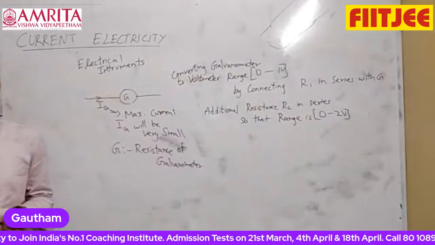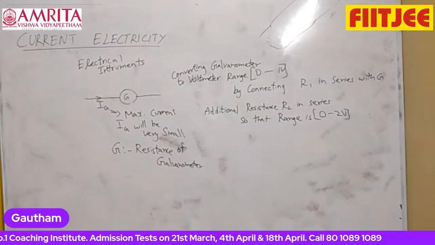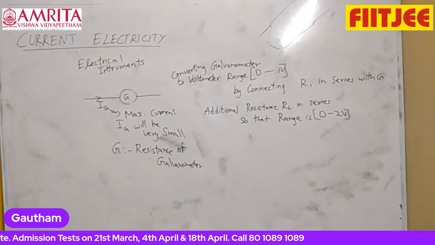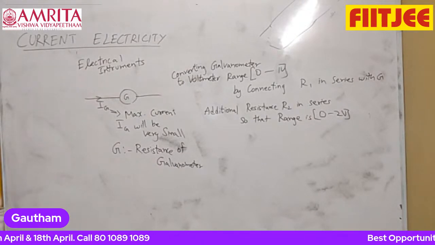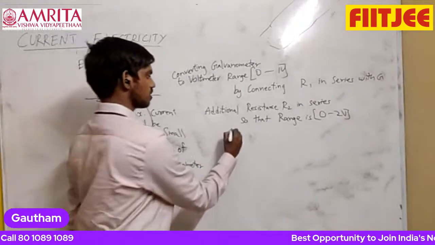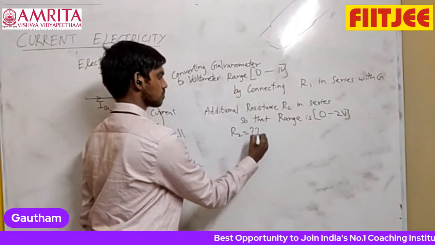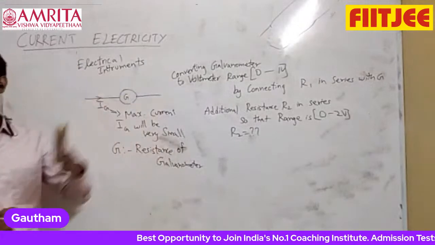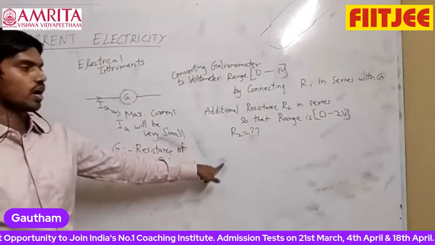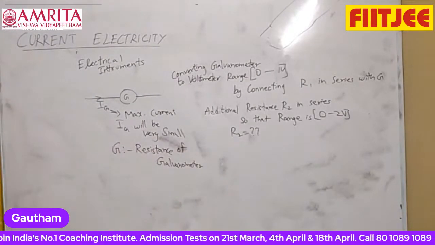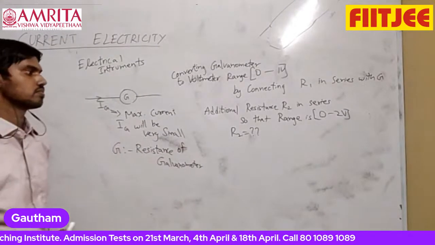The additional resistance that should be connected in series with R1 to increase the range of the voltmeter to 0 to 2 volts. And then they ask you what is the value of R2. Find R2 in terms of G and R1. The options were G, R1, R1 plus G, or R1 minus G.